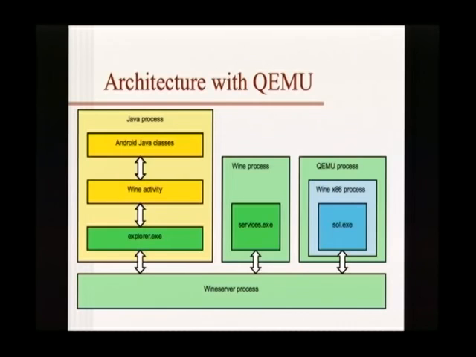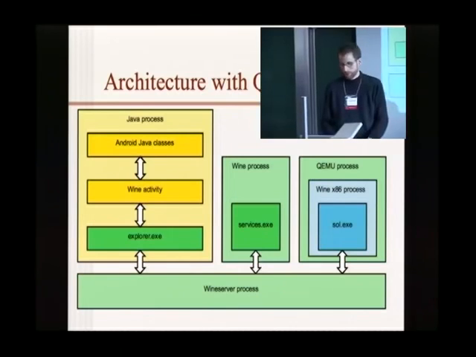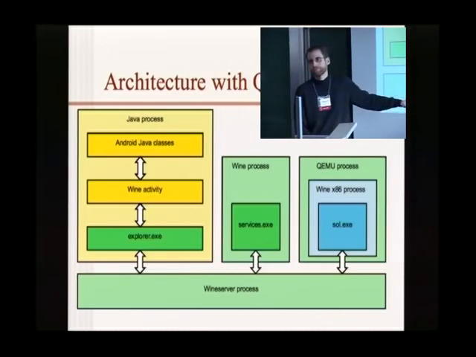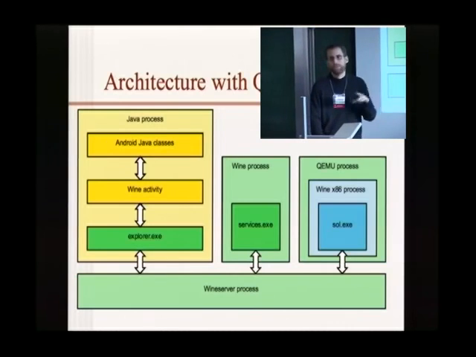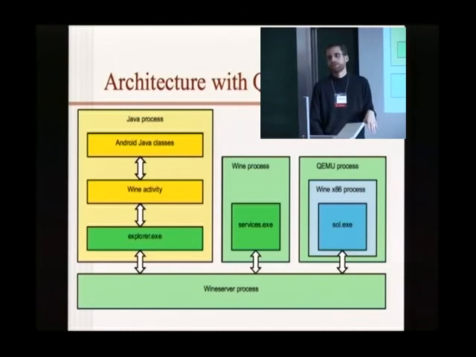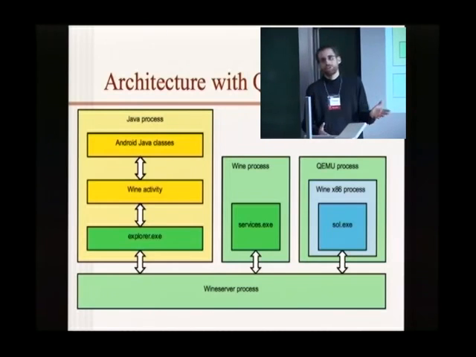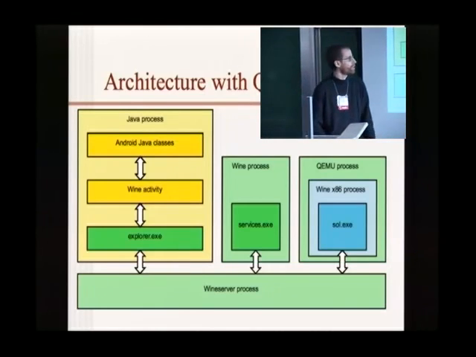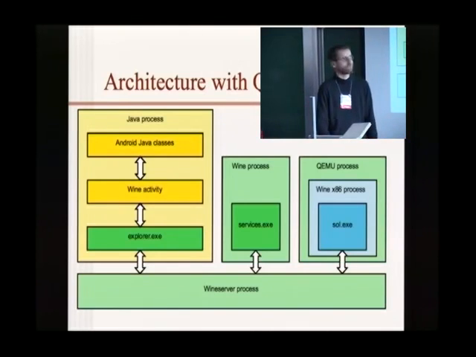And Wine server is meant to support that, it has support for multiple architectures, but there are issues, for instance, in the registry. With the Windows registry, you have CPU information. So, do you put ARM CPU information or Intel CPU information in the registry? That's the sort of issues that we need to solve.